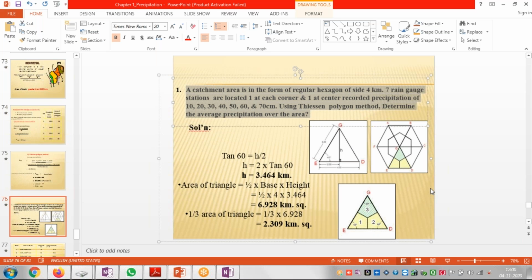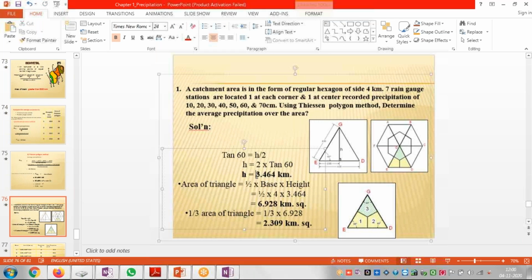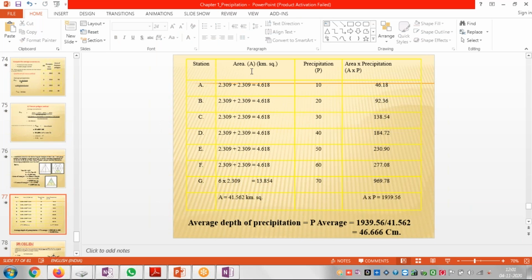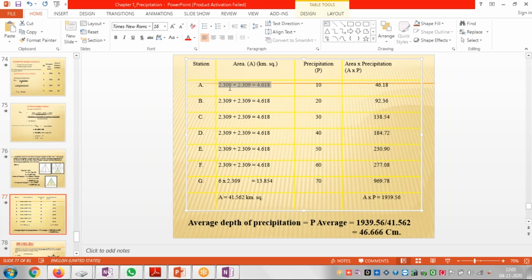Here we calculated the height, then the area of the triangle, then one third of the area, that is 2.309, right? Now we have made the stations A, B, C, and D, and whatever area is coming under station A, that is 2.309 plus 2.309, that is 4.6.